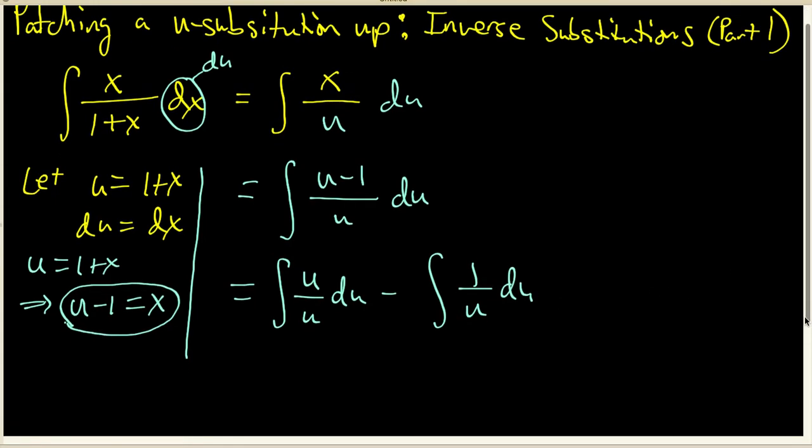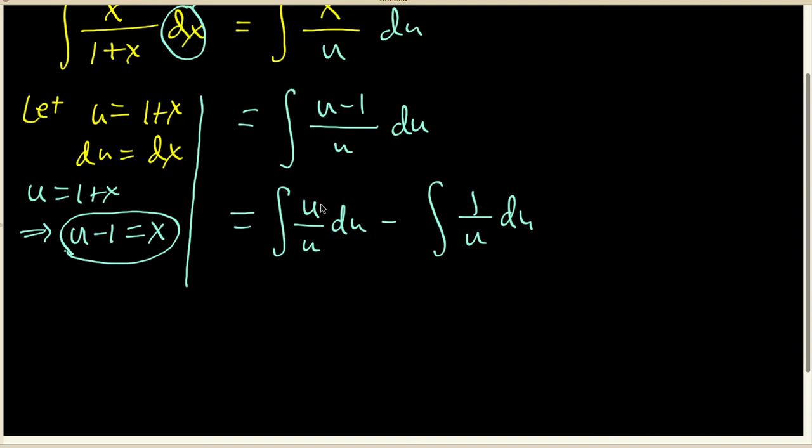Well, neither one of these is very difficult. This one here is just a fancy way of saying the integral of du, and I'm going to leave that one as is right now. And now we're going to do the integration. The integral of du is just u, and the integral of 1 over u is the log of u.